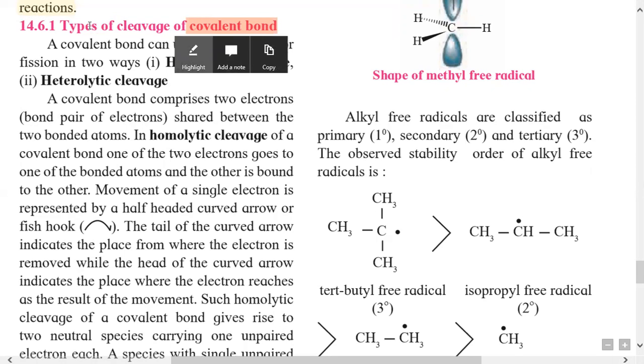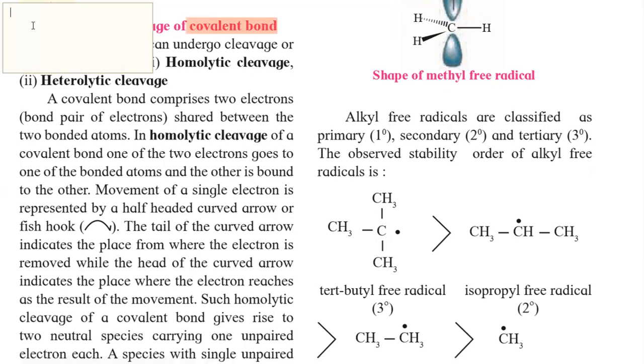So it is one type of bond in which a bond is formed by mutual sharing of electrons. Here, this is a hydrogen atom, and the two electrons can be shown with the help of dots, and again there is one more hydrogen atom.